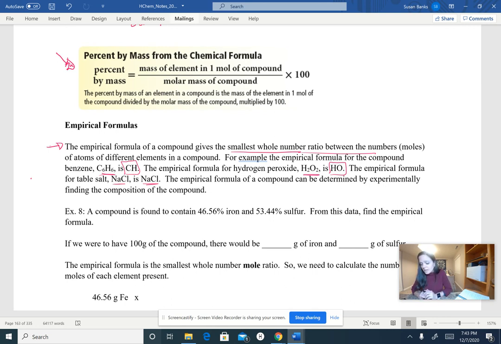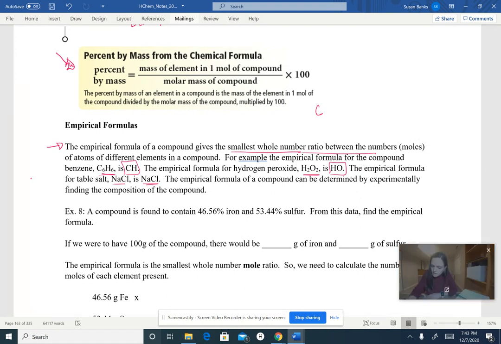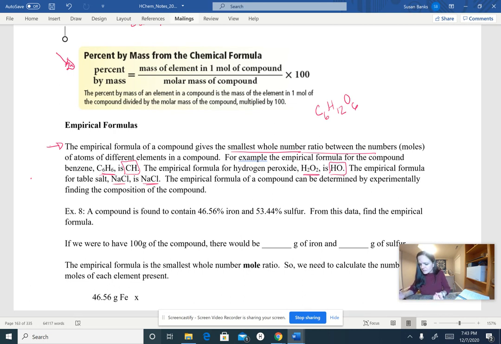So if we look at glucose, and glucose is probably a molecule that you're relatively familiar with from biology, we had C6H12O6, right? That was always the end product of photosynthesis or the beginning product of cellular respiration. Do you guys remember that?